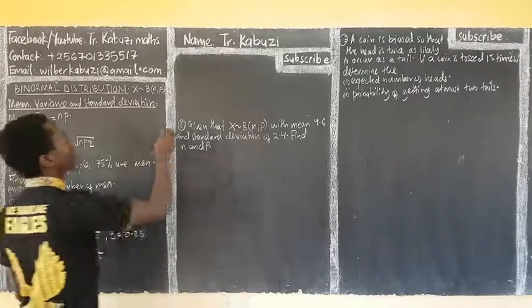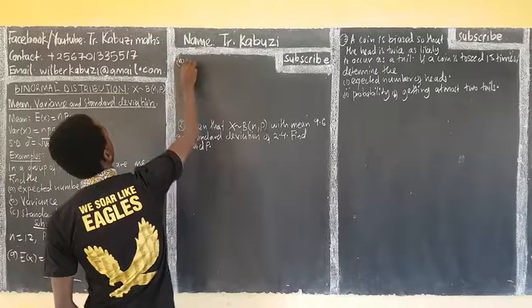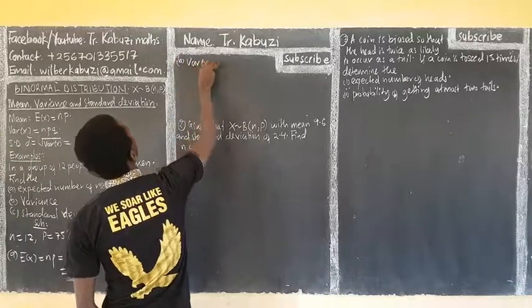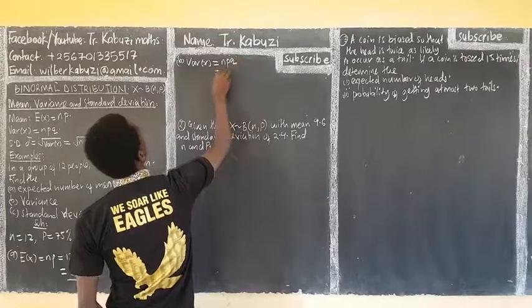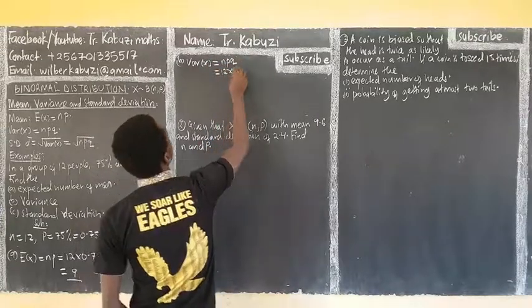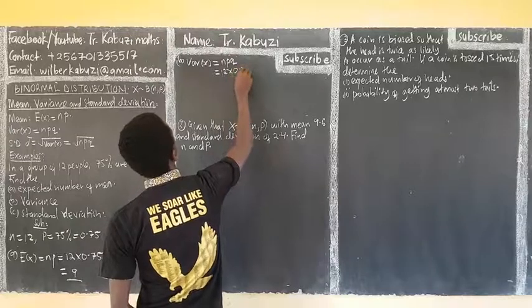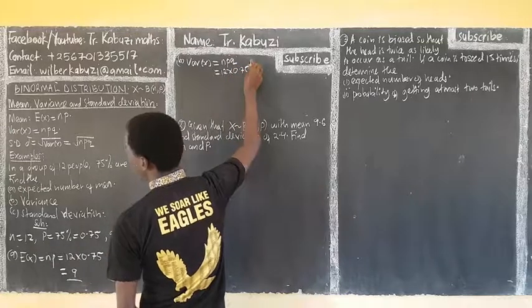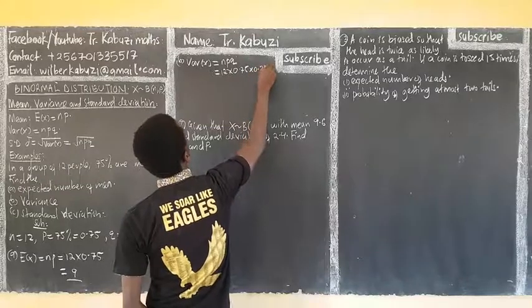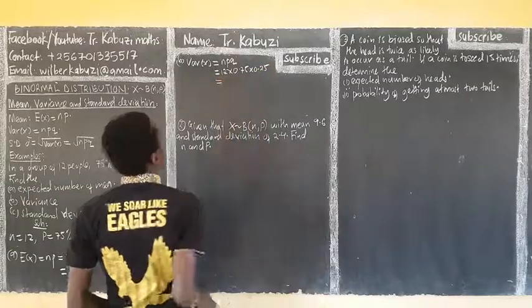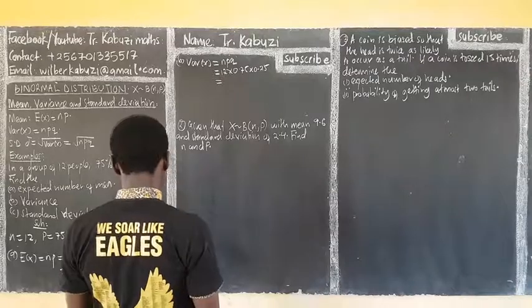And part B, the variance of X, is the same as npq, which will be 12 times 0.75 times 0.25. I think this will be 2.25.